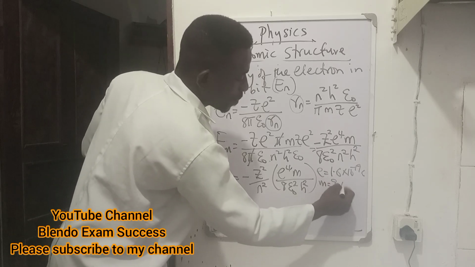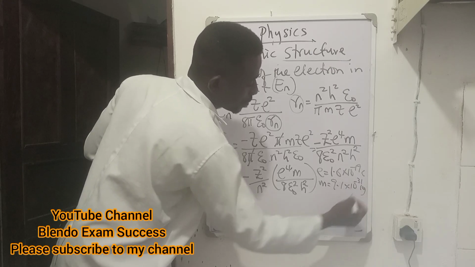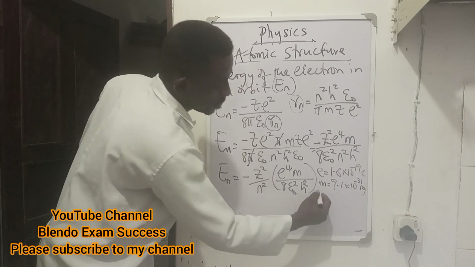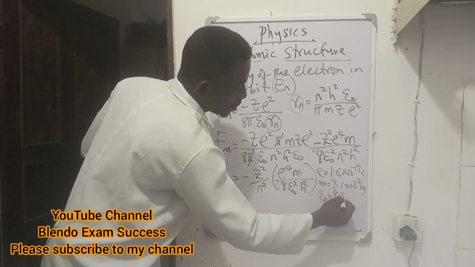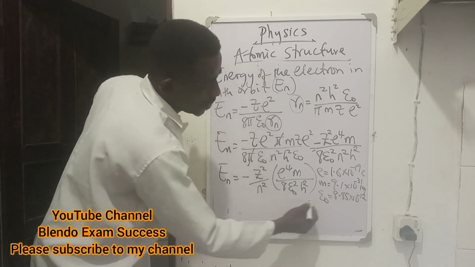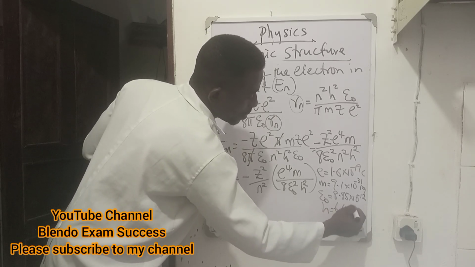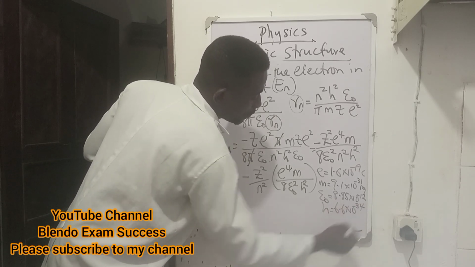Mass is 9.1 times 10 raised to the power minus 31 kg. Then epsilon naught is 8.85 times 10 raised to the power minus 12. Then H is Planck's constant, 6.6 times 10 raised to the power minus 34.